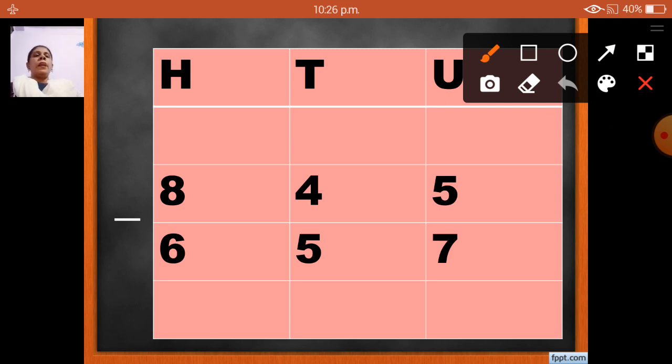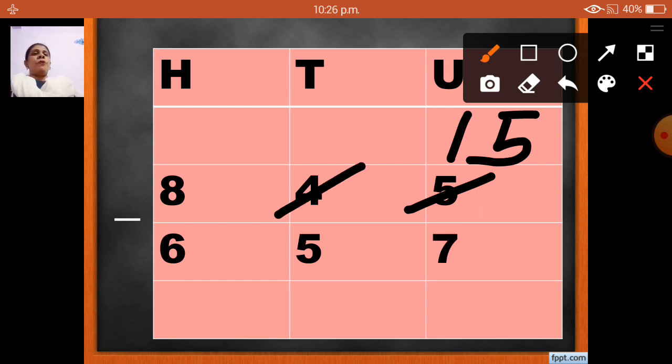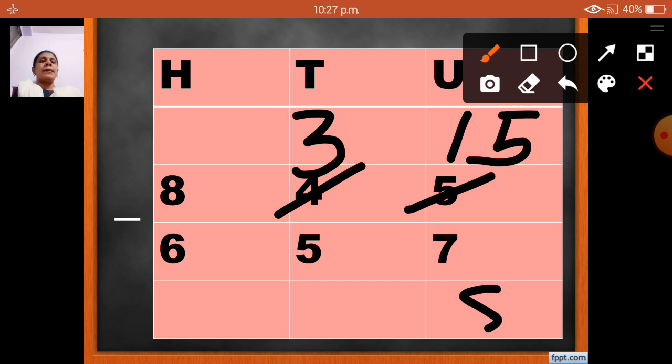Okay, and from where did I get this one? I borrowed from 4. So 4 will become 3. So 15 minus 7 is, after 7, 8, 9, 10, 11, 12, 13, 14, 15. What is my answer? Answer is 8. So 15 minus 7 is 8.